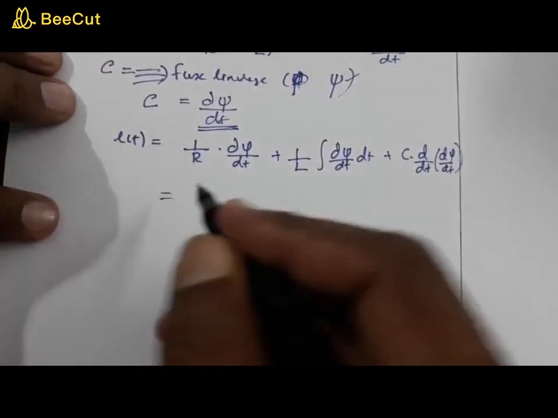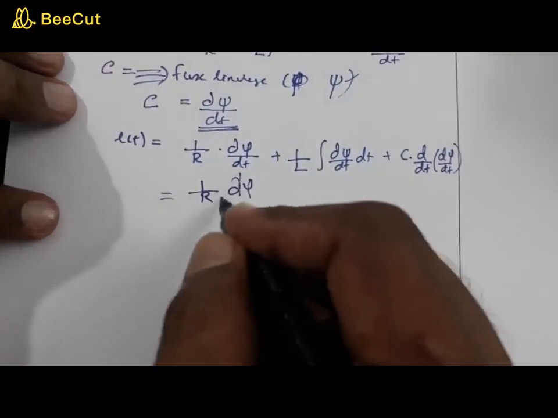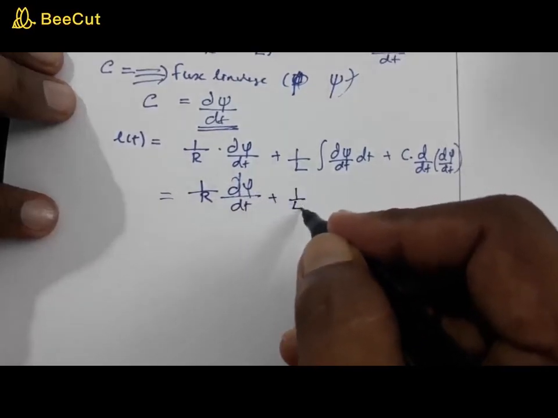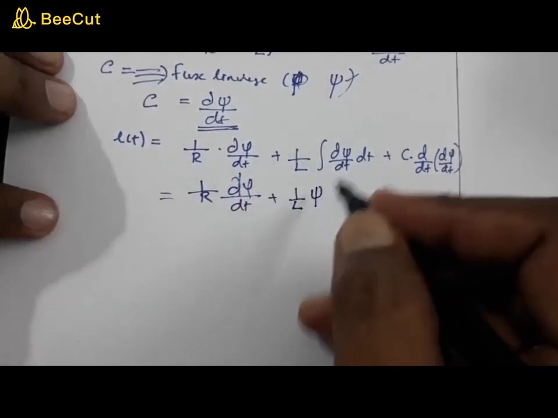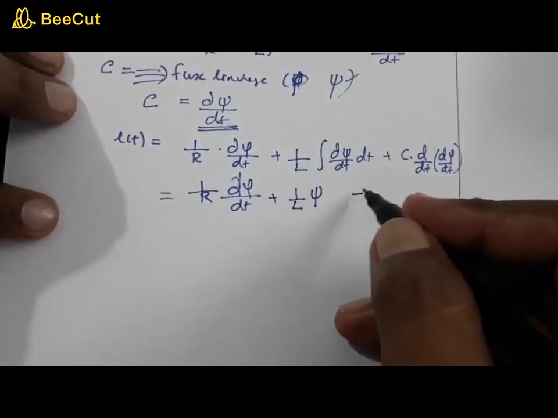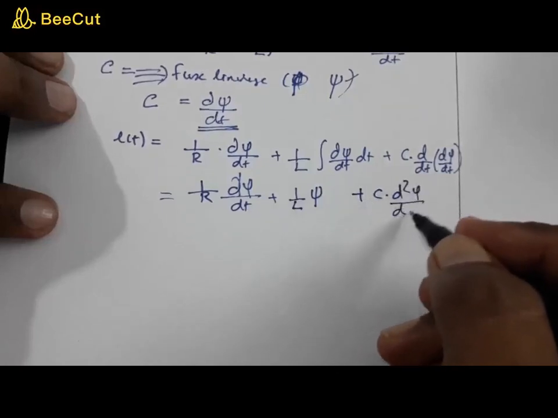Now you can write this as 1 by R into d psi by dt plus 1 by L into psi, since the integral of the derivative of a function is the function itself, plus C into d square psi by dt square.